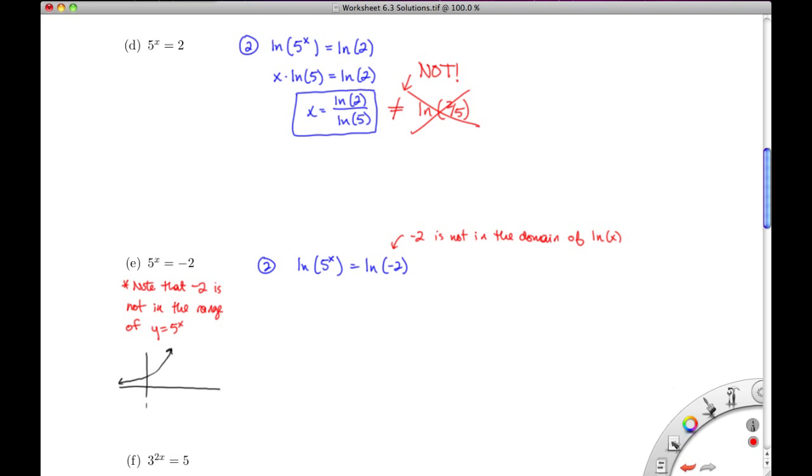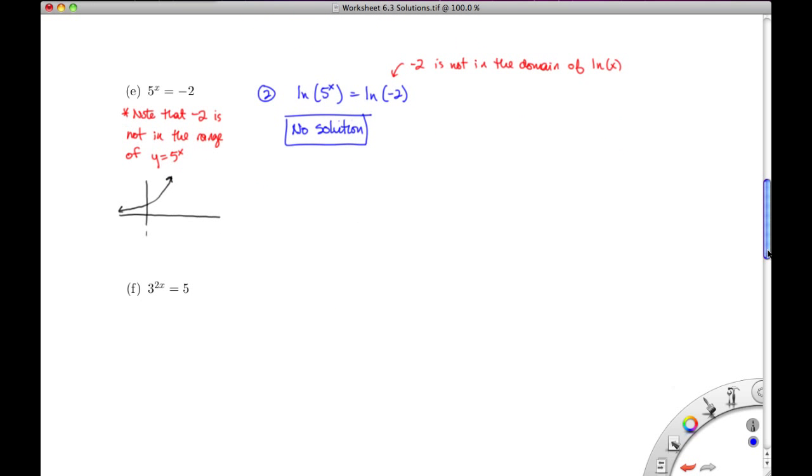We're not allowed to take the ln of a negative number. Remember, it's got to be strictly positive for logarithms. So because of this, we would conclude that this problem has no solution. No solution. Okay, so that makes that easy.